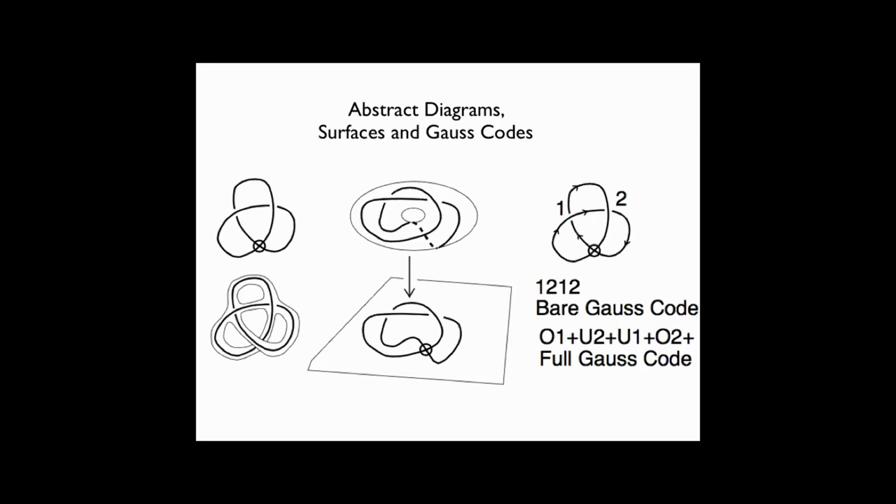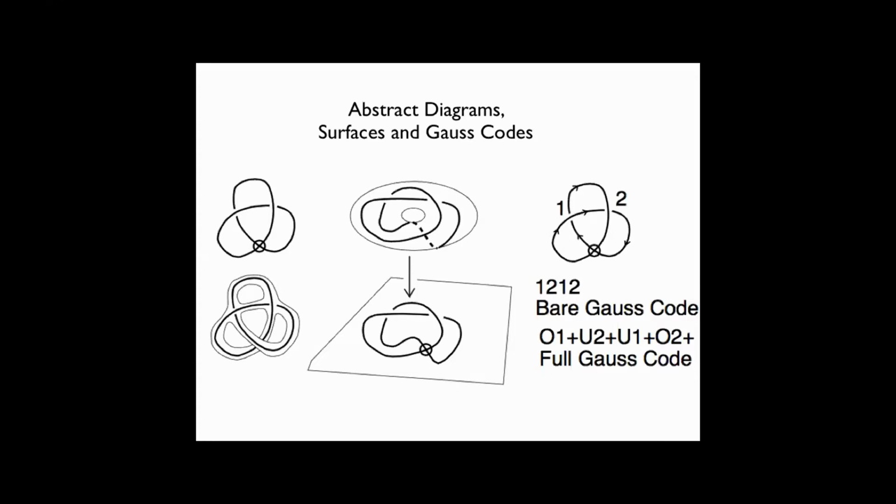But we're going to take one further step and abstract the diagram from the surface, essentially by means of the kind of projection that you see on this slide, where I have a knot, a diagram on the surface of a torus, and I have projected it into the plane. And in so projecting it, I have to remind myself that some of the crossings in the projection are different from the others.